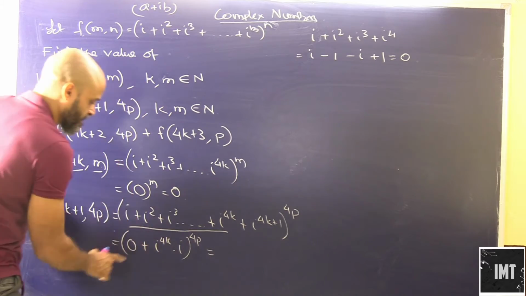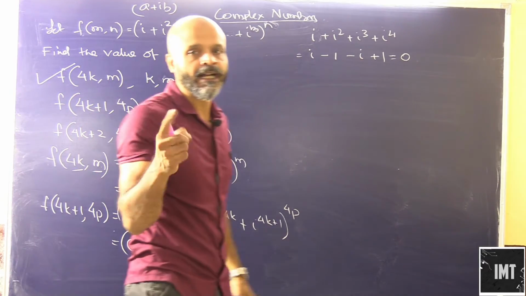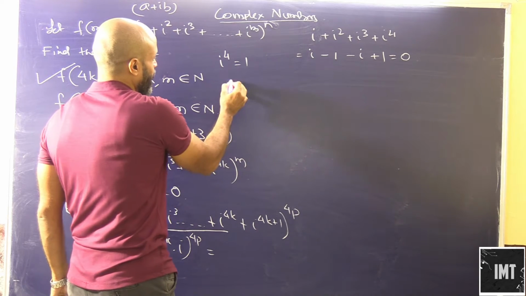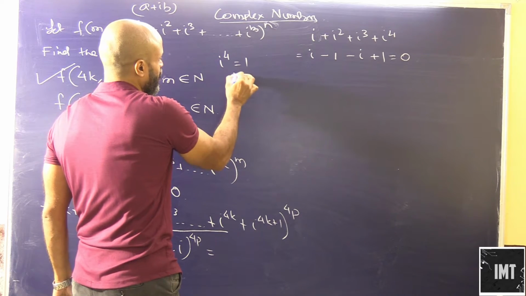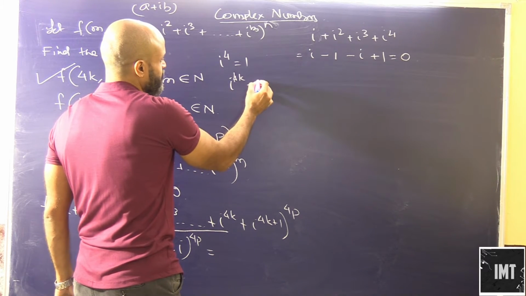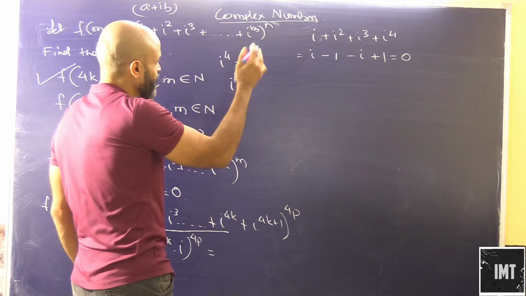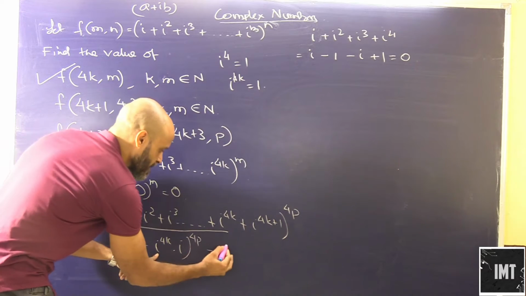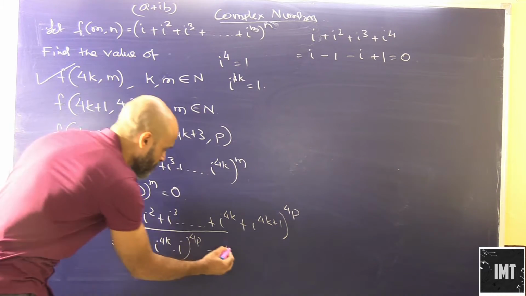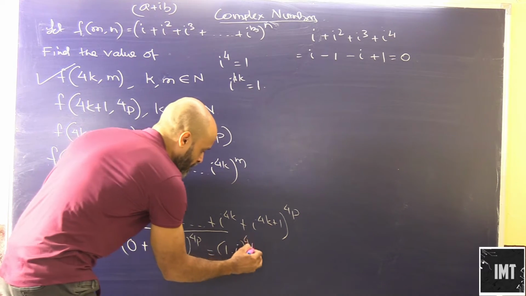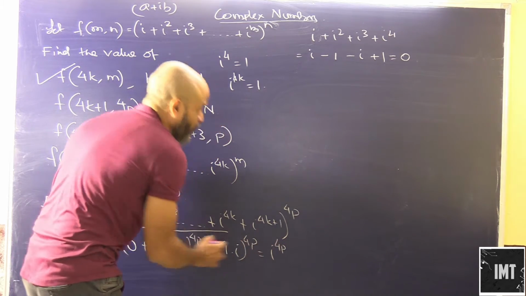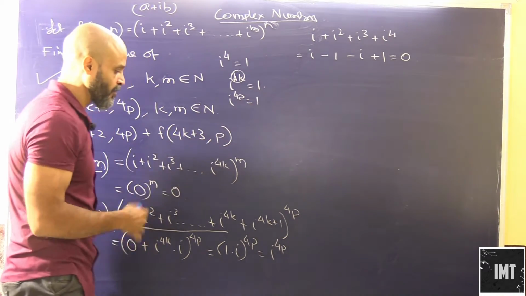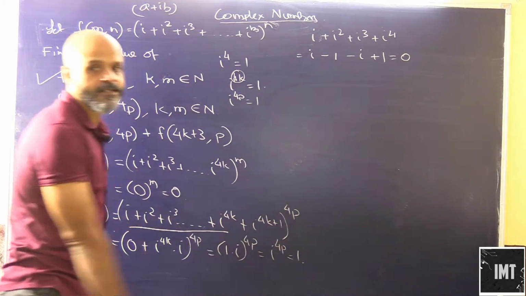We know that i to the power of 4 is equal to 1. So i to the power of 4k, where k is a positive natural number, will be 1. Obviously we have to forget about this 0. Now this gives me i to the power of 4p. Again, just as i to the power of 4k is 1, i to the power of 4p will be 1. So we will get here an answer of 1.